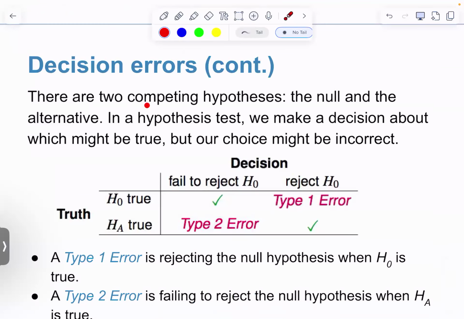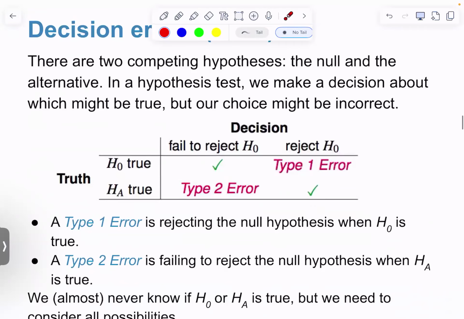So we have two competing hypotheses, right? The null and alternative hypothesis. Now, up here we have the decision that we made. We either fail to reject H naught or we reject H naught, and those were only two options, right?